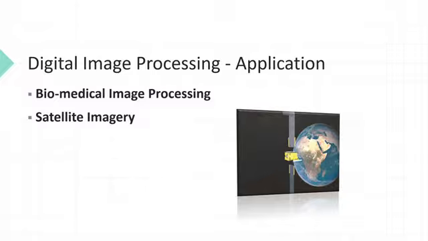Next application is satellite imagery. The satellite image application is day by day changing with respect to the necessities. Now and then every country is trying to send its own satellites into the sky for gathering information throughout the world and for different applications.